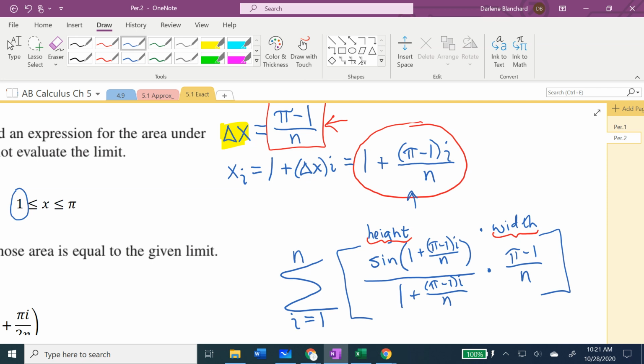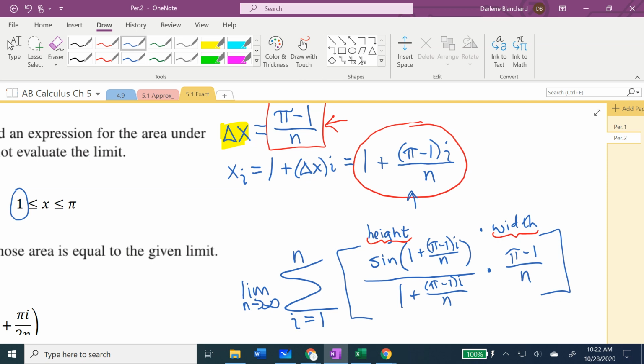And so now the only thing left is to make the number of rectangles head to infinity and determine what that is approaching, to find the limit as the number of rectangles approaches infinity. That will find me exact area.